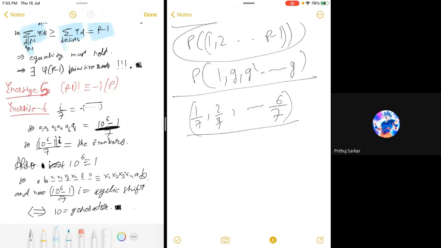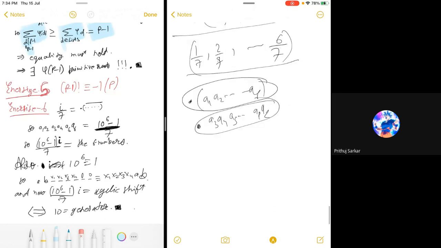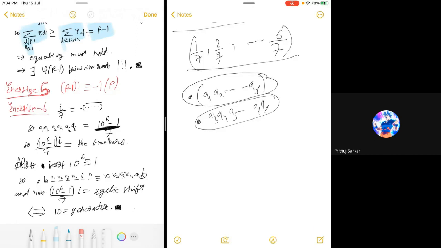So to basically formalize cyclic shifts, note that if a1, a2 till a6 is 1 by 7, then its cyclic shift would be something like a3, a4, a5, a6, a1, a2. Also, you can form a cyclic shift by considering a1 a2 till a6 repeating bar.